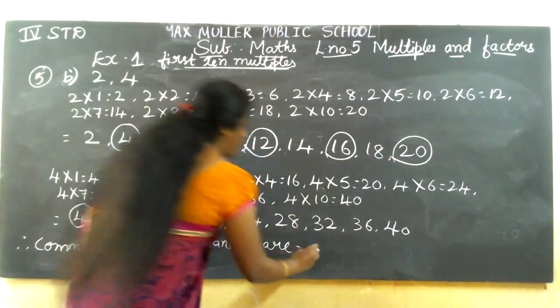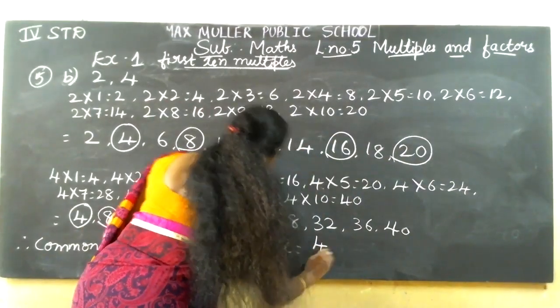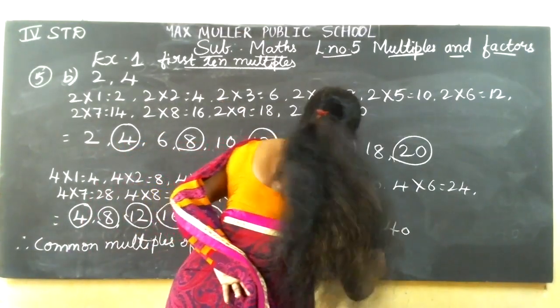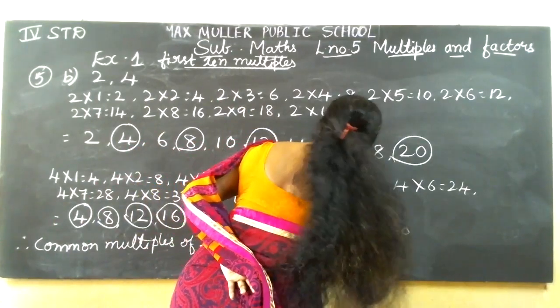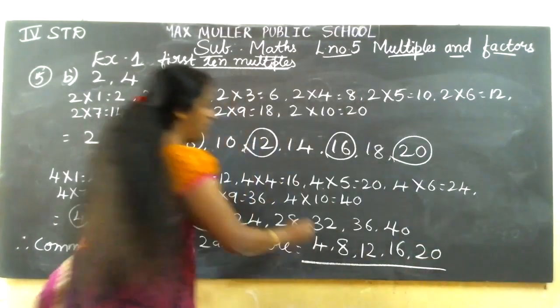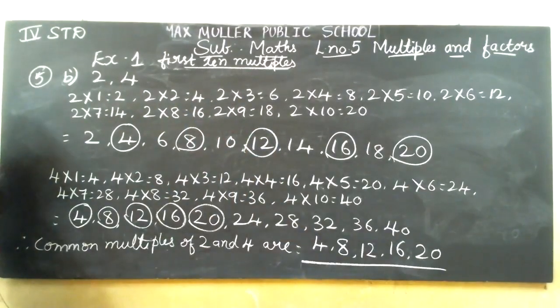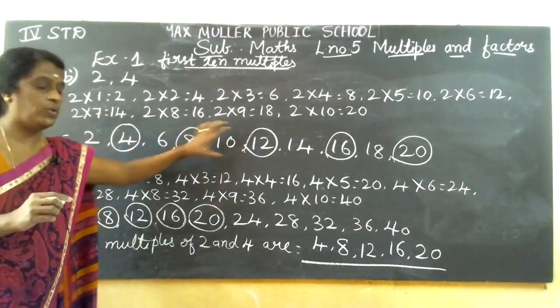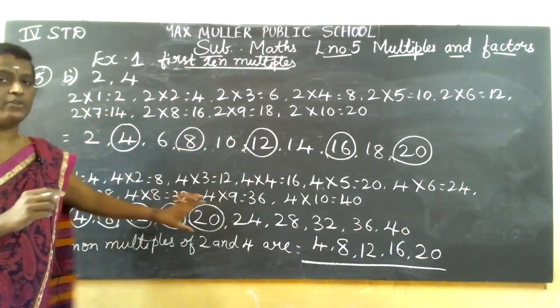The common multiples of 2 and 4 are 4, 8, 12, 16, 20. These are the common multiples of 2 and 4. These are the 10 multiples of 2. These are the 10 multiples of 4.